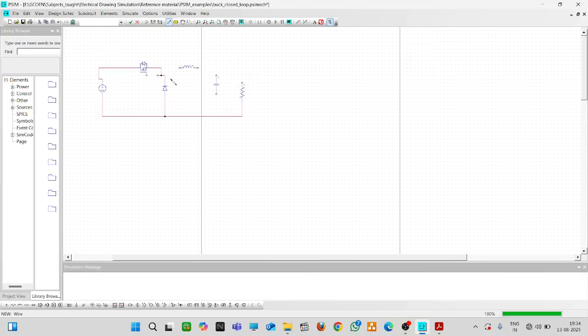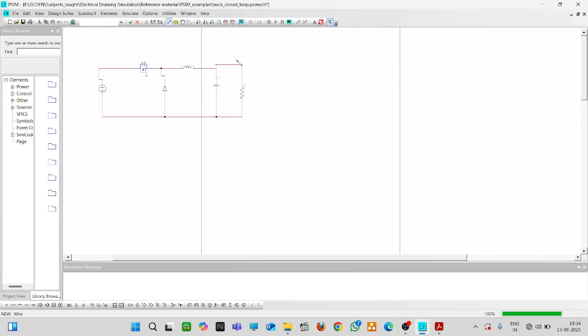Yes, the filter has been connected along with the load. You will have to make strong connections.